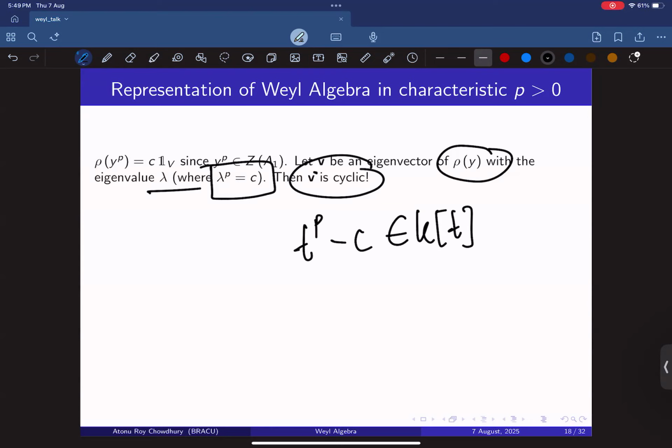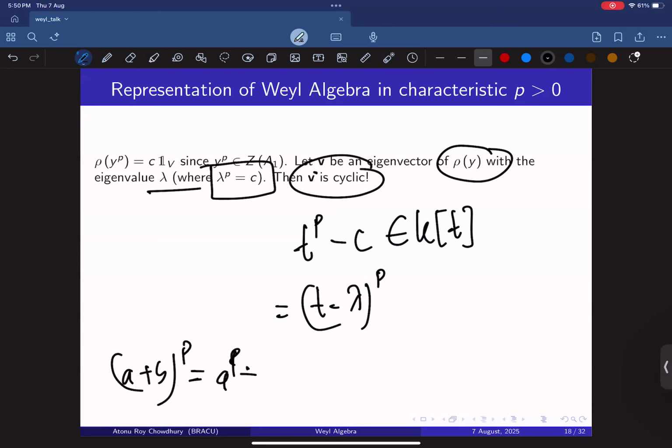Why? We know that there's at least one root, which is lambda. My claim is that this polynomial is exactly equal to (t minus lambda) to the power p. Every freshman's dream: (a plus b) to the power p is equal to a to the p plus b to the p.